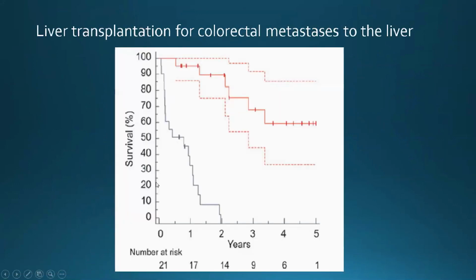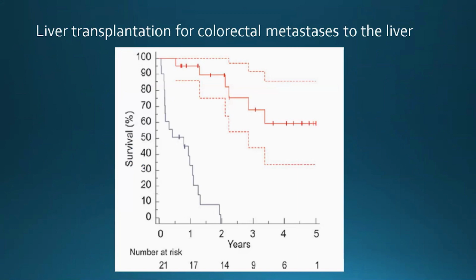Based on that, we can see this good survival of these patients, about 60% at 5 years after liver transplantation. There are other groups also looking into transplanting these patients.